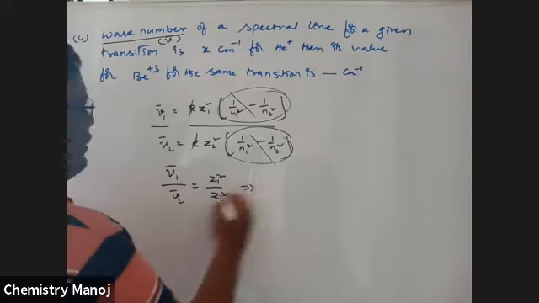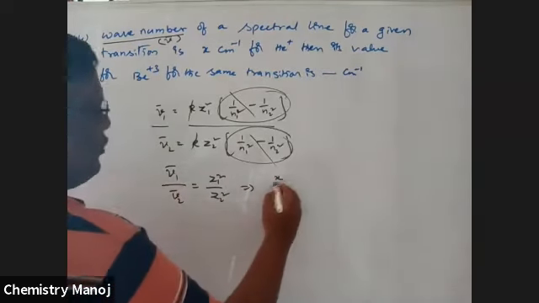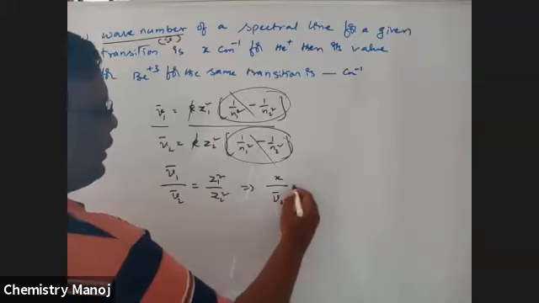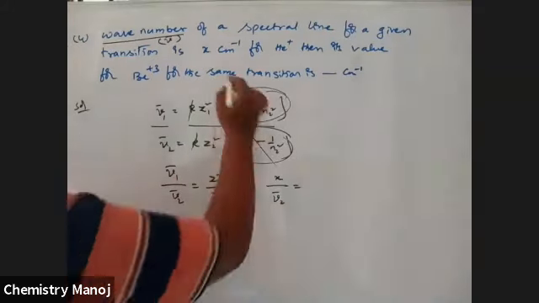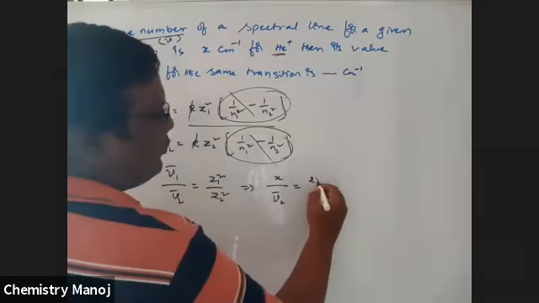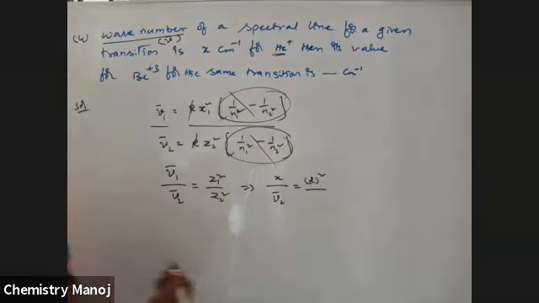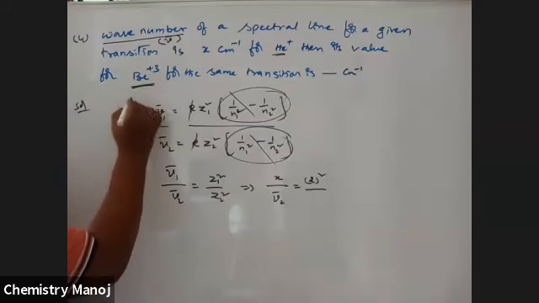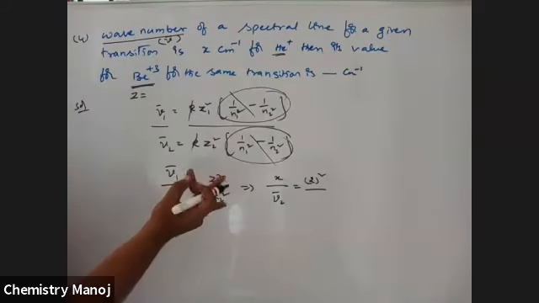So for the first one, it is x by nu2 bar is equal to 2 square by 4 square, since the first element is helium, with Z equal to 2, and beryllium is Z equal to 4 (hydrogen, helium, lithium, beryllium).